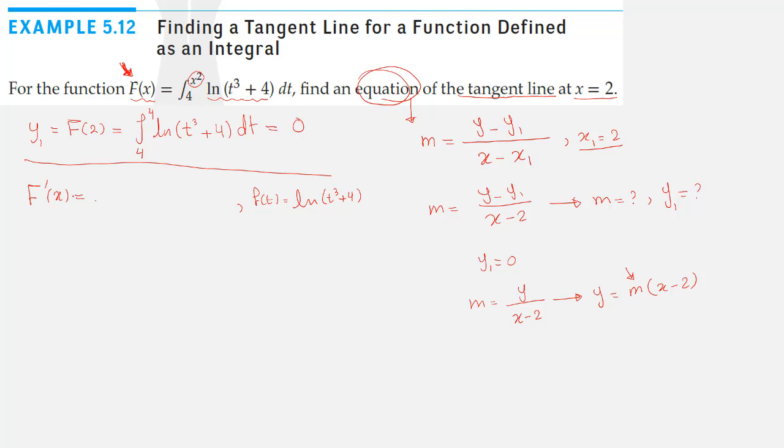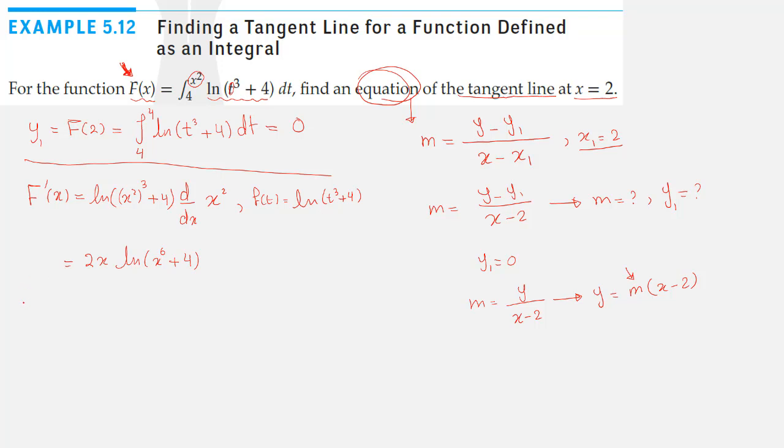We can write that f dash of x equals ln x cubed, because we take each t and put x squared, so we will write x squared cubed plus 4, and then using the chain rule, which is d over dx of x squared, and we know that the derivative of x squared is 2x, so 2x ln x raised to 6 plus 4.